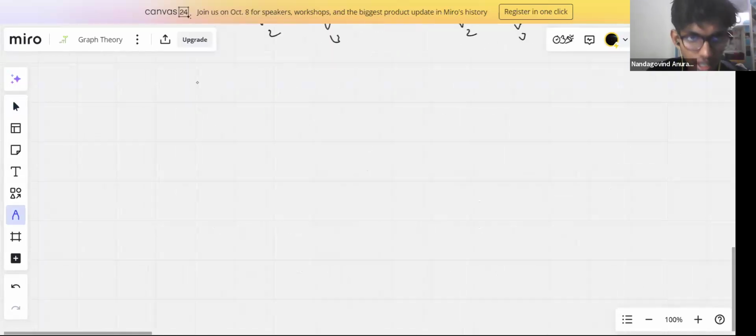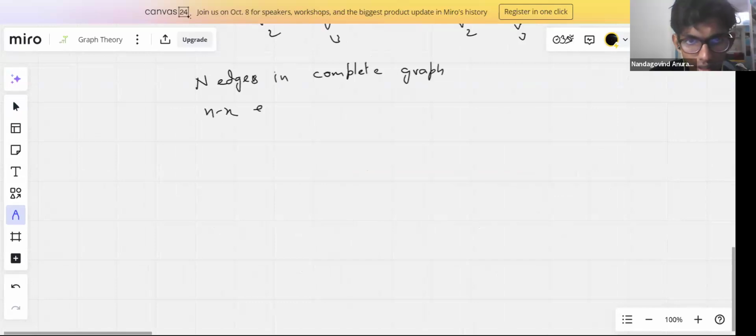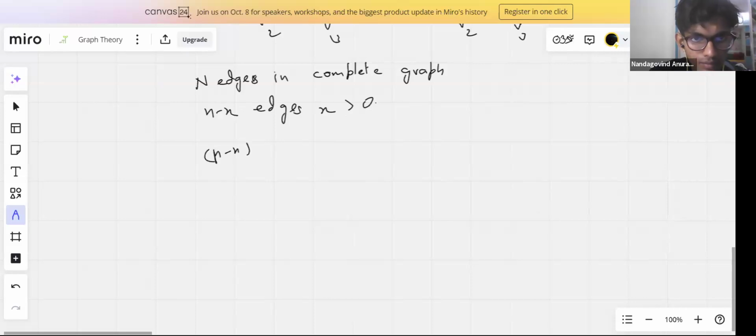So you're saying that there are capital N edges in the complete graph, and the disconnected graph has N minus x edges, where x is a positive integer. Uh-huh. N minus x plus G complement is equal to N, and we get G complement is equal to x.